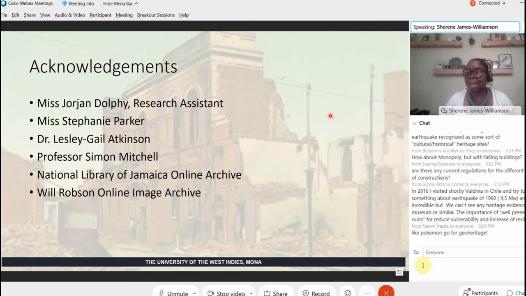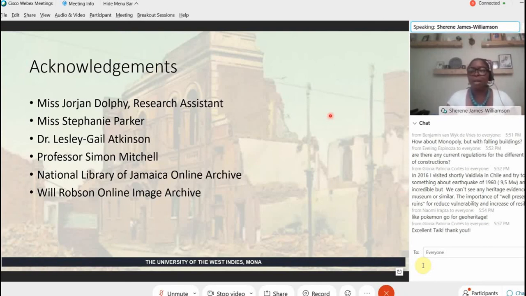So this is the end, and these are some of the people I would like to thank. Georgian is with us on the meeting. She's my research assistant, and she has been most helpful. Stephanie Parker was her predecessor, and Stephanie did a lot of the legwork when we started looking into absence heritage some years ago. Dr. Leslie Gale Atkinson, whose computer unfortunately fell today, so she couldn't actually join us.